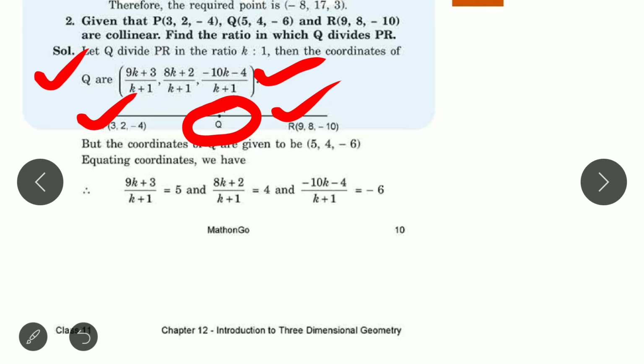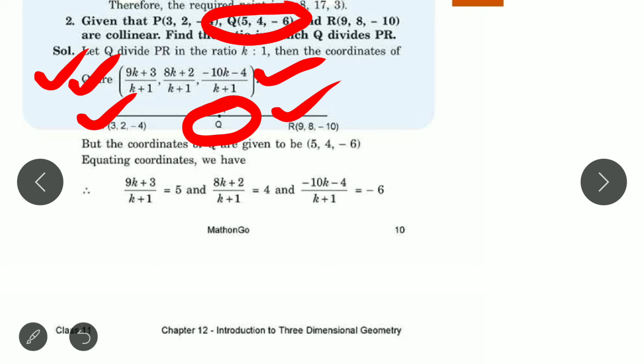But actually, if we go to the question, we do have a coordinate of Q. So, what is the coordinate of Q mentioned in the question? (5, 4, -6). So, this coordinate of Q given in the question will coincide with the coordinate of Q we have obtained in terms of k.